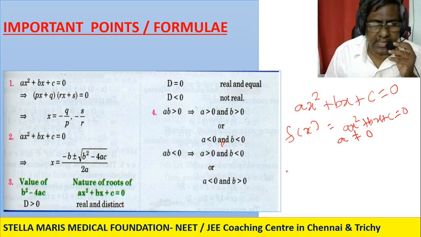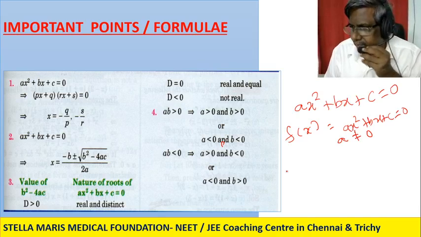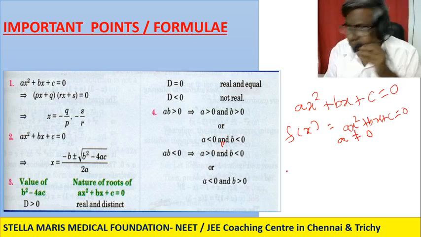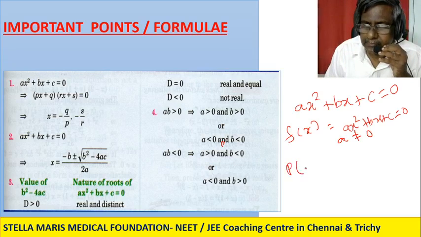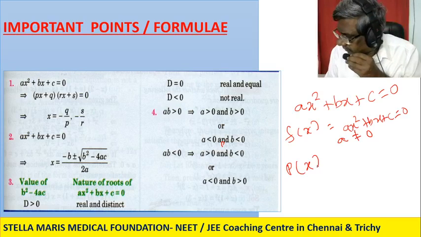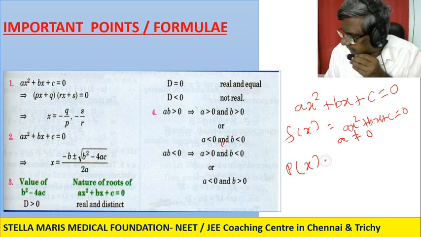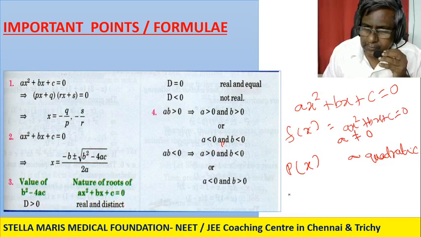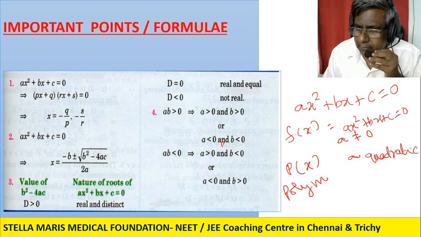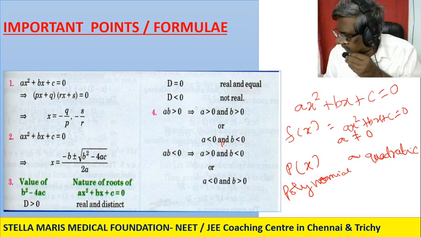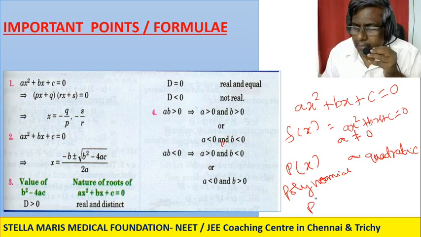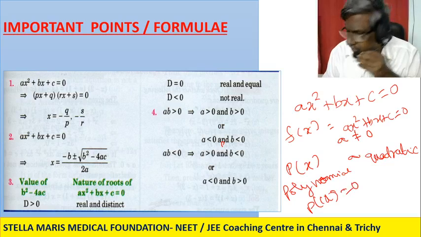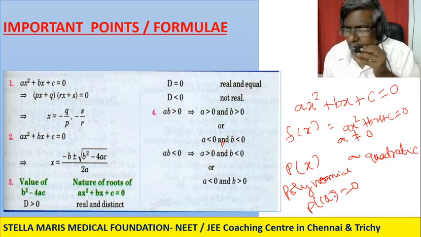These quadratic equations can be used in real life situations. If p of x is a quadratic polynomial, then p of x equal to 0 is called a quadratic equation.